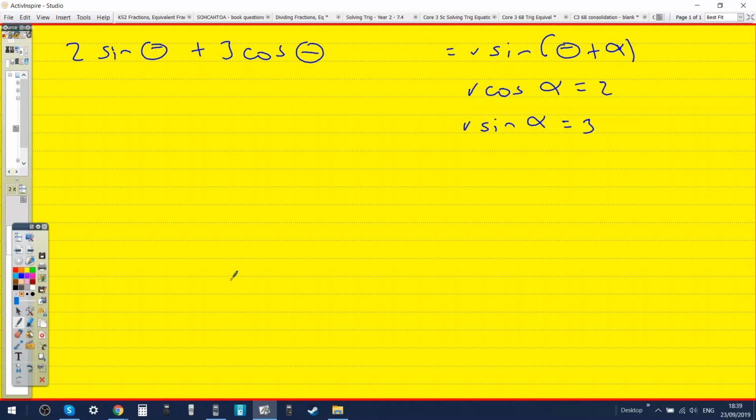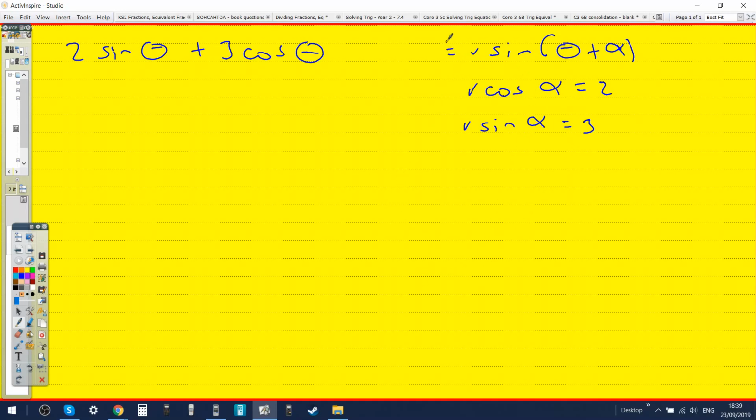Okay. For this one, what would you get if you were to expand this so it's not a compound bracket anymore? Which one? The right side.